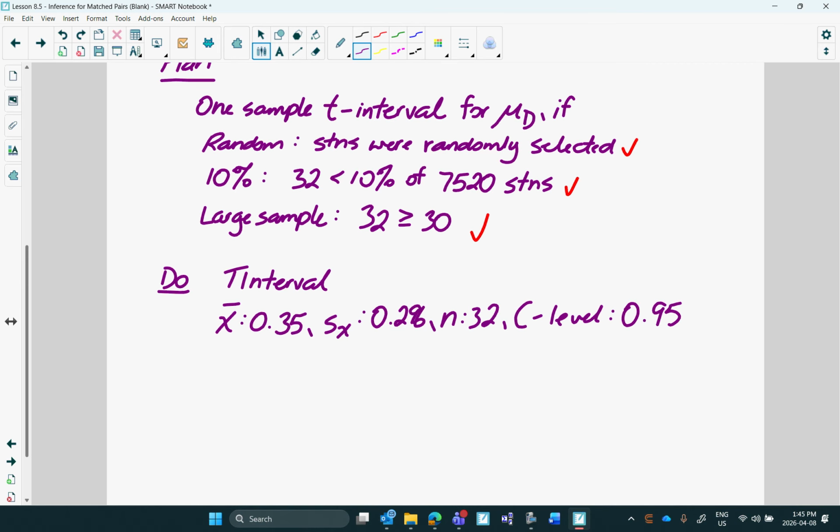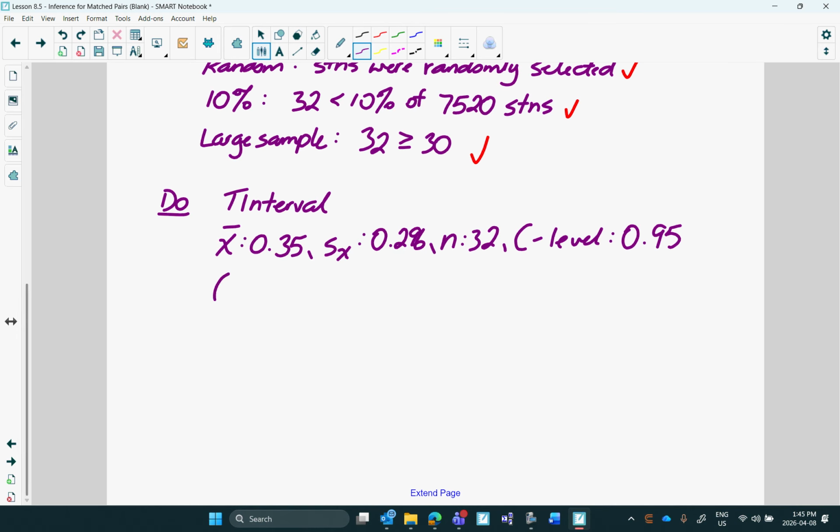And when you do that, you get 0.24328, which would be degrees Celsius, 0.45672. Oh, I made a mistake in my notes. I said we are 99%. I should say we are 95%.